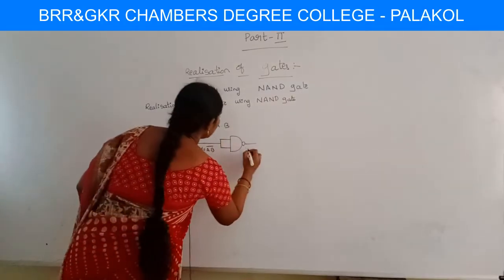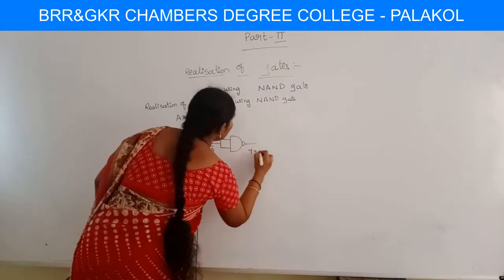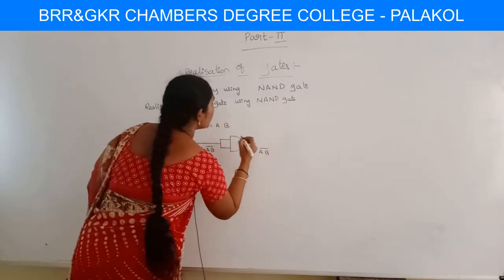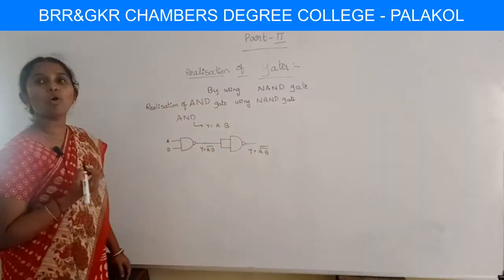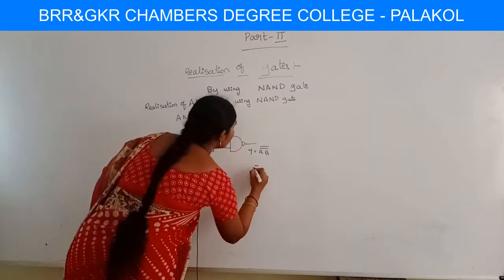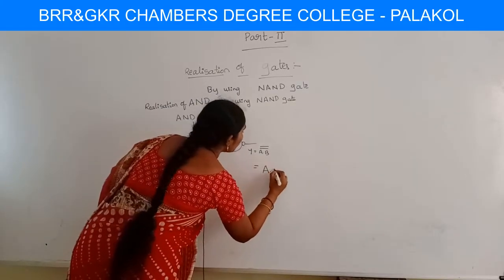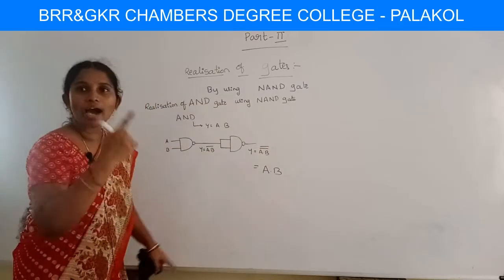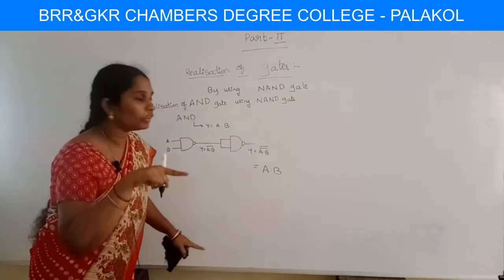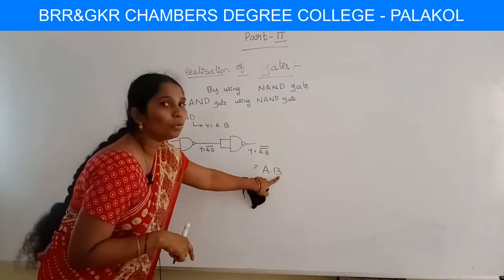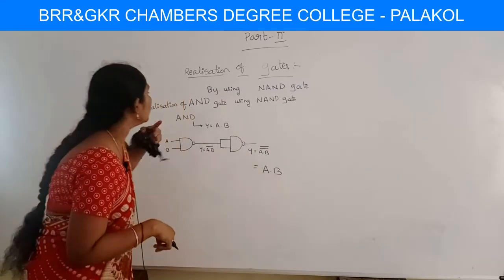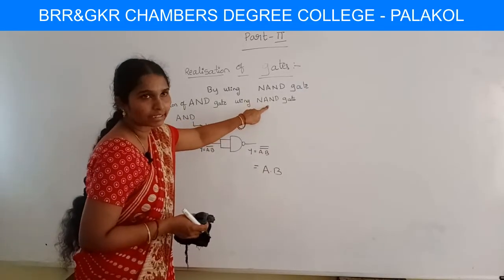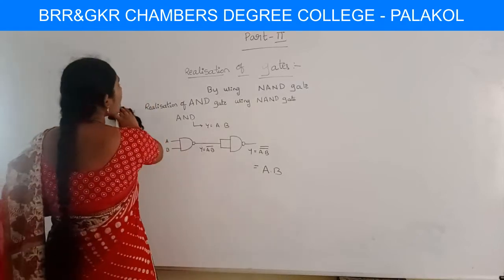Finally the output is ((A dot B) bar) bar, because of the bubble. These two bars cancel each other, therefore y is equal to A dot B. Now we have implemented the AND gate by using NAND gates. Now we will implement the OR gate.